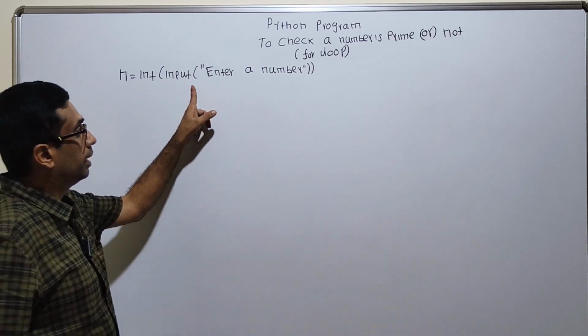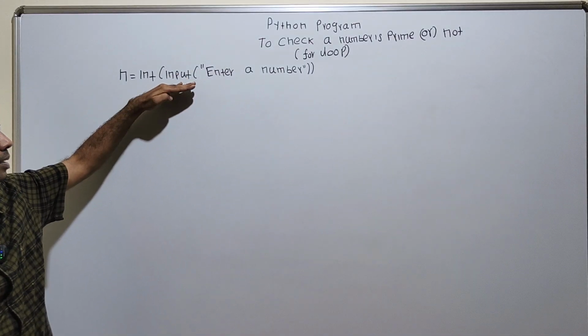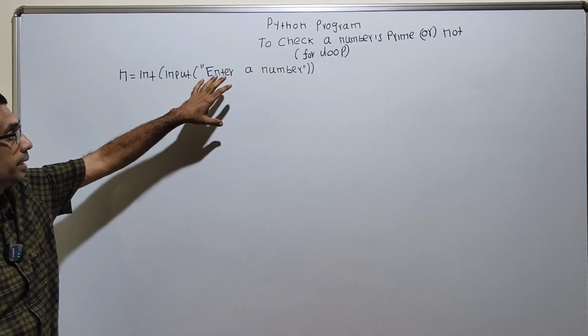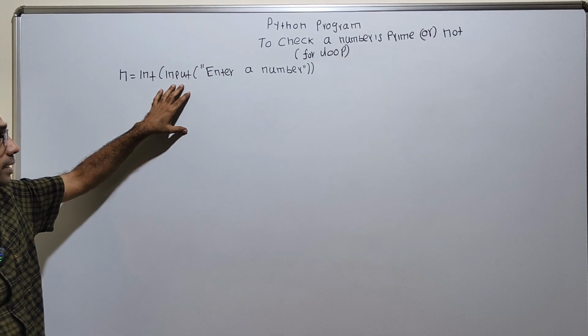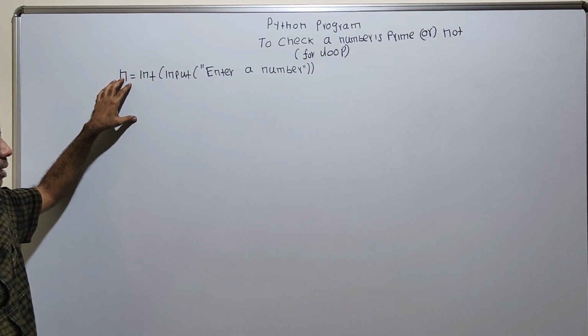The string "Enter a number" will get displayed in the console by the input statement. When the user enters a number, the input statement receives it as a string. The int function converts it to an integer and stores it in the variable n.